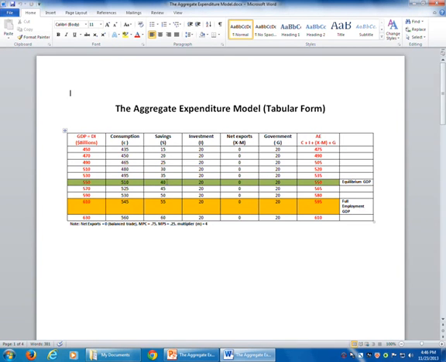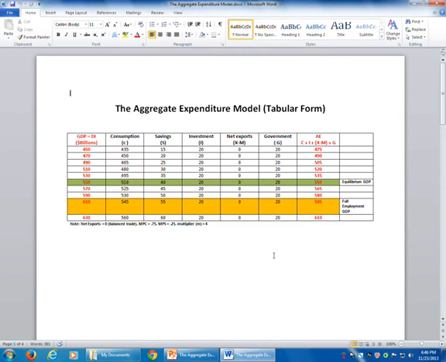Household savings, which is the funding source for business expenditures, is 40 billion. We have a government, however, that's spending 20 billion. So if you take the injections, the government expenditure of 20 billion and the investment of 20 billion, that's 40 billion. And so that equals the leakage, which in this case is savings, which is 40 billion. And when leakages equal injections, you're at an equilibrium condition.